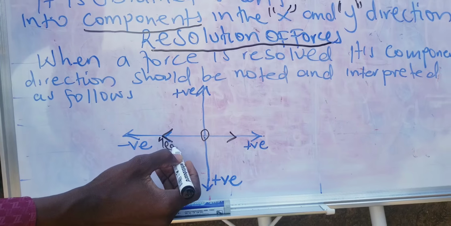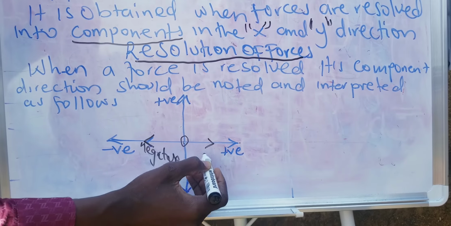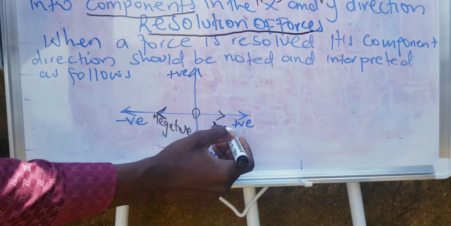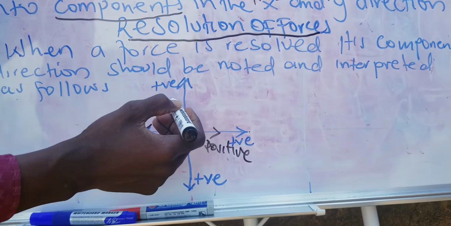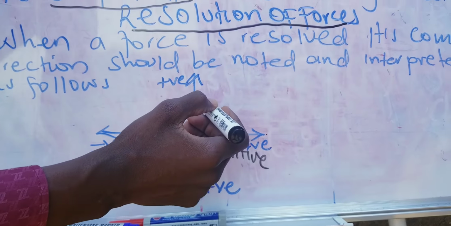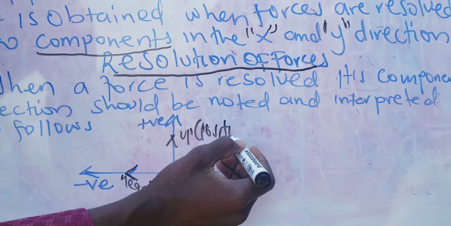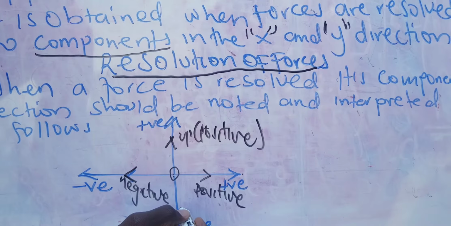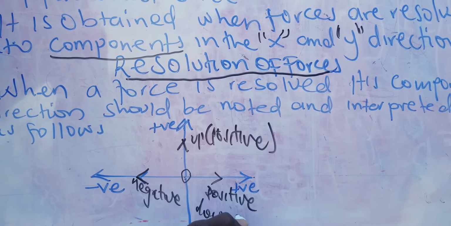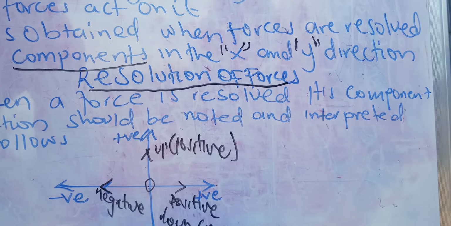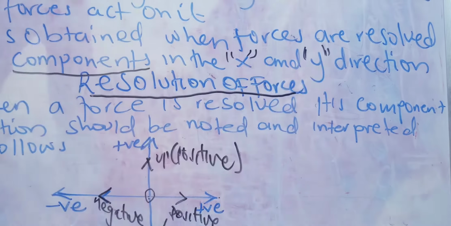This will be negative, this will be positive. Similarly, for the y direction, if you have a force pointing up, that will be a positive force. If you have a force pointing down, we shall have that as being negative. So we now cross on to the examples.